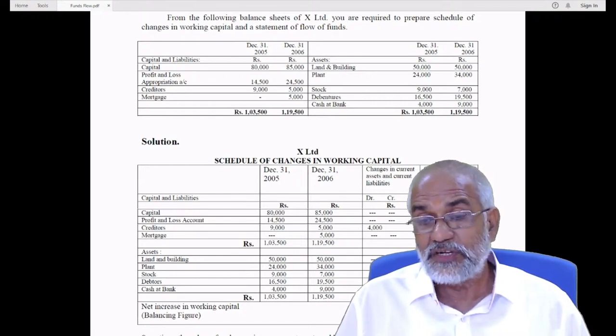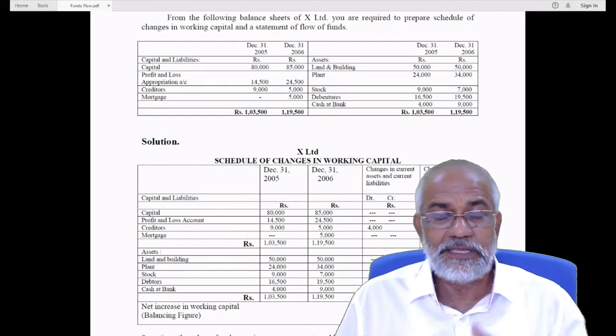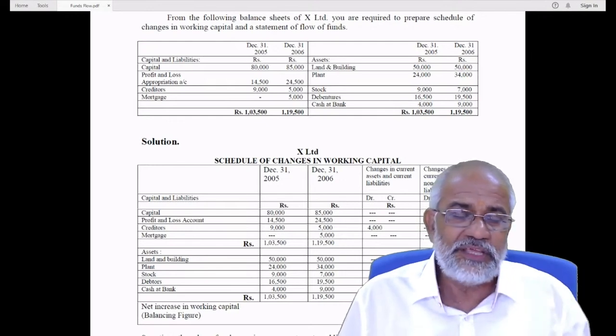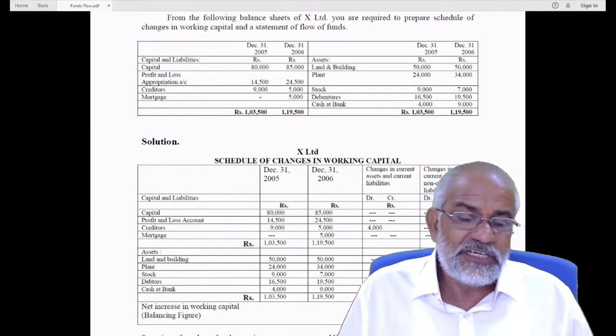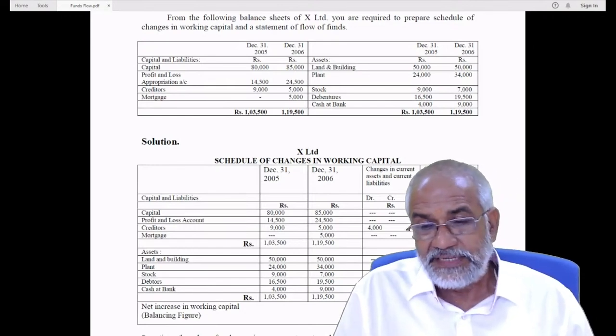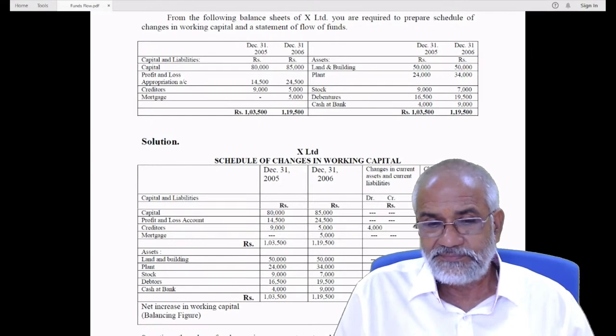So when we prepare the funds flow statement at a subsequent stage, we can directly take the figures in the credit column of the non-current category as sources of funds, and the items in the debit column as the application or usage of funds.